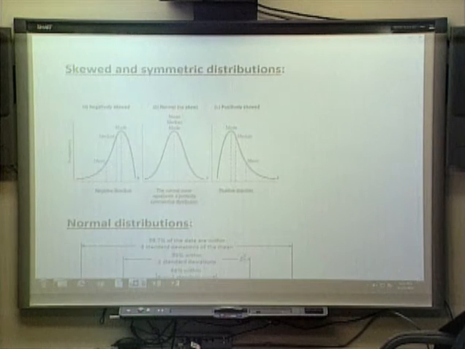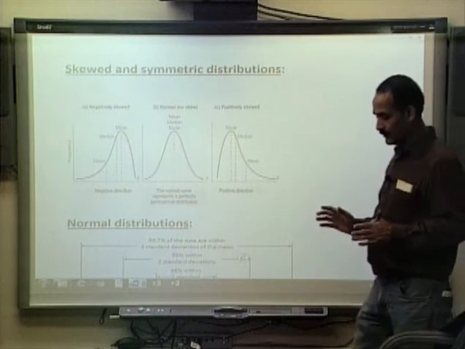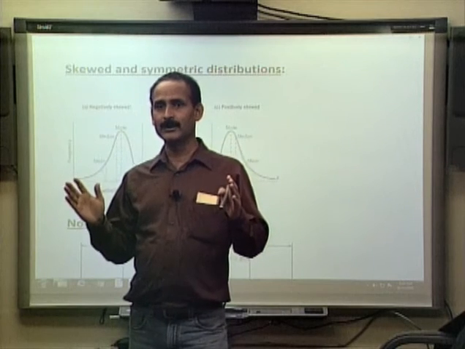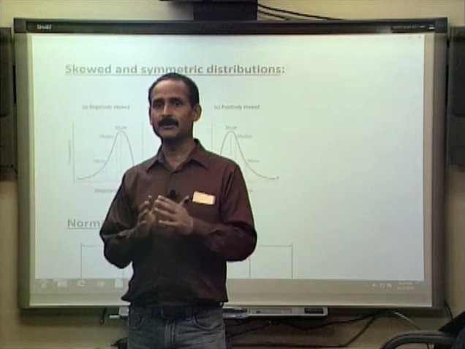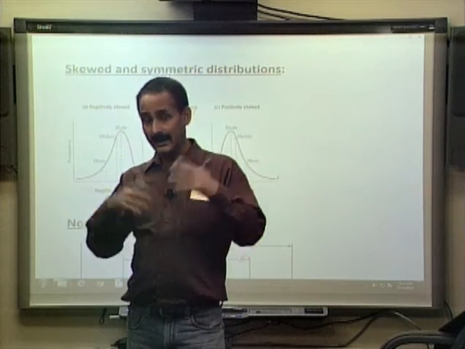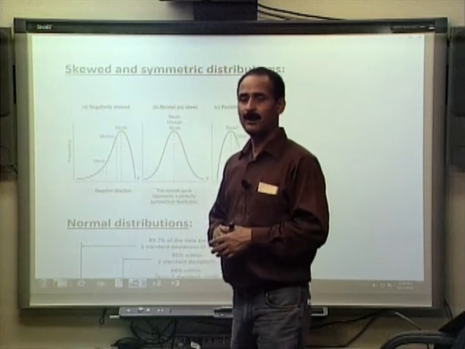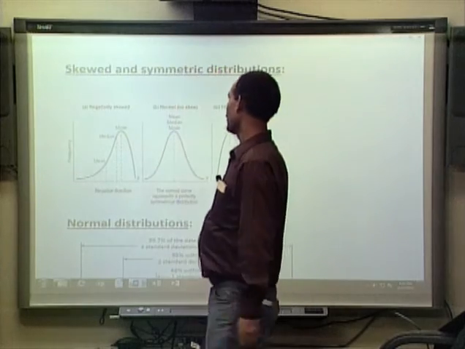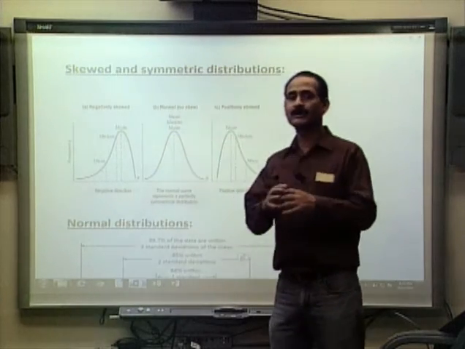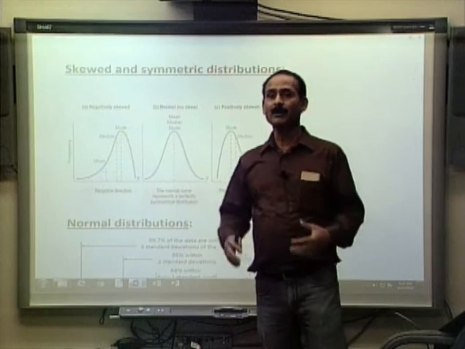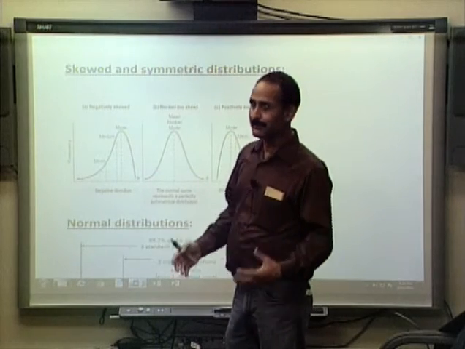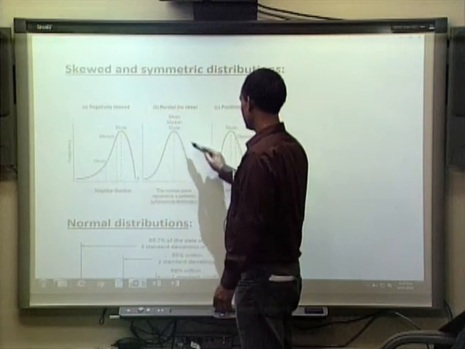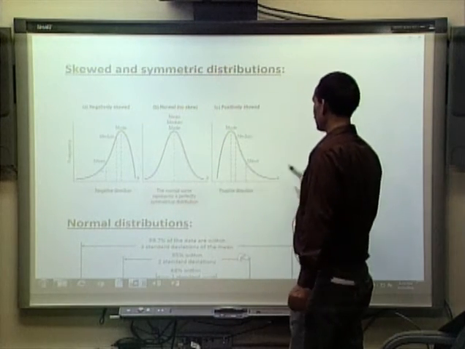We talked about data distribution before, and we said that at least 75% of the data should be within 2 standard deviations of the mean. Now we want to talk about the shape of the data distribution. By shape we mean the histogram. The histogram of a data distribution might look like this, like this, or like this.